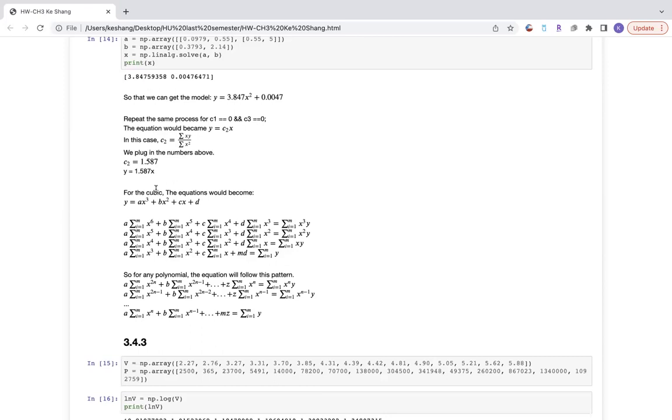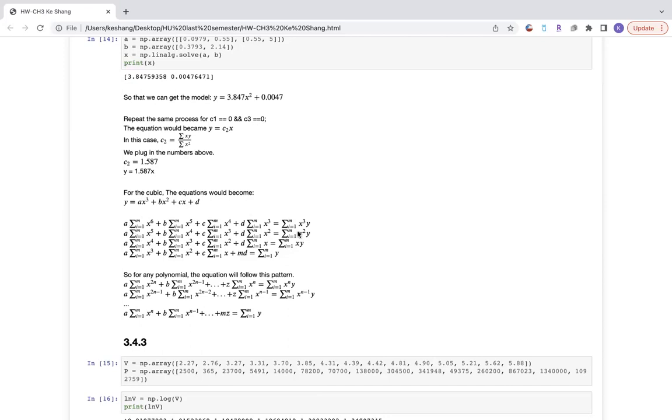For the cubic, the equation becomes a times x cubed plus b times x squared plus c times x plus d. It basically follows the same pattern as given in the book.